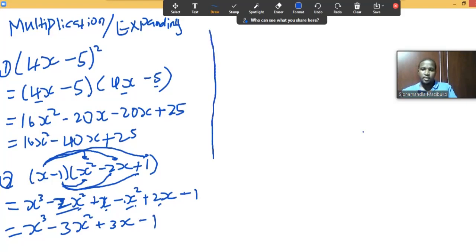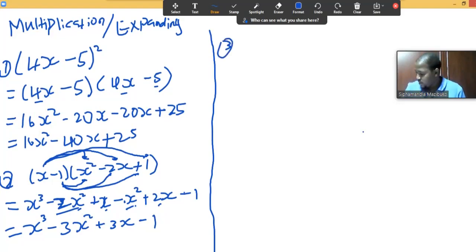Alright, so let's look at our next example here. In this case, it looks a little bit complicated, so let's quickly look at it. So this is example 3.